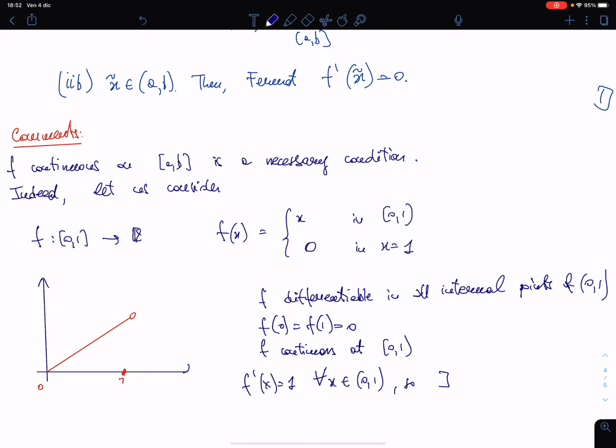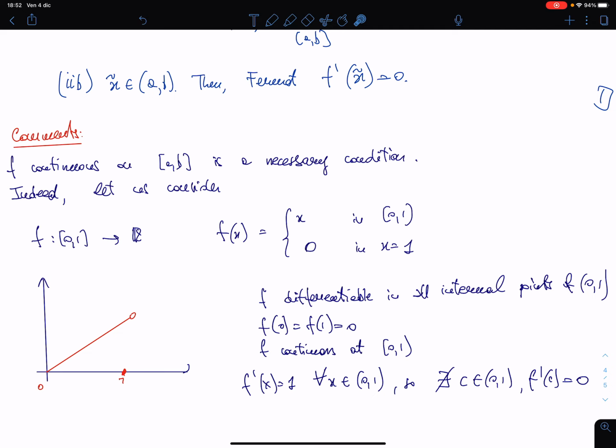So there is no c in (0,1) where the derivative vanishes. Okay? So the hypothesis of continuity also at the boundary of the interval is necessary.